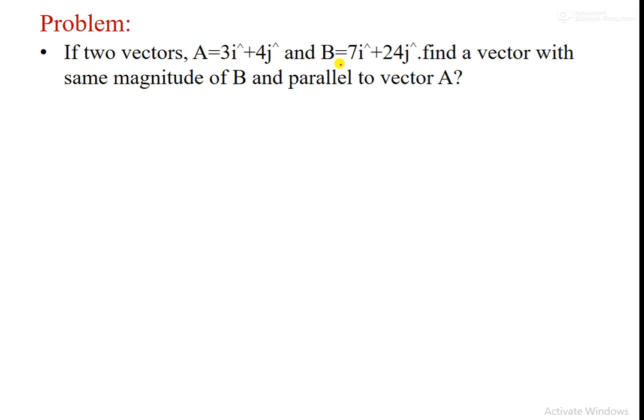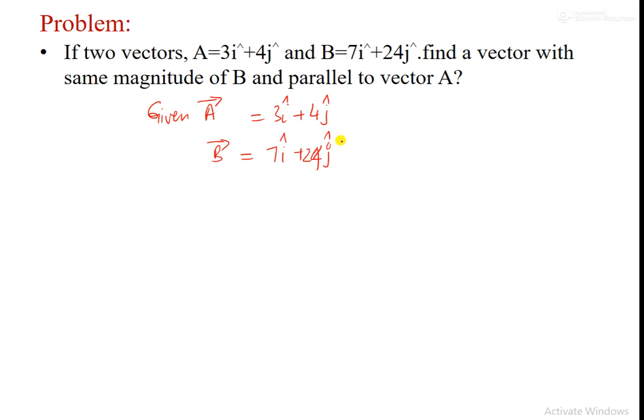We are asked to find a vector which has the magnitude of B and is parallel to vector A. The given quantities are two vectors: A is 3i plus 4j, right? And B is 7i plus 24j.